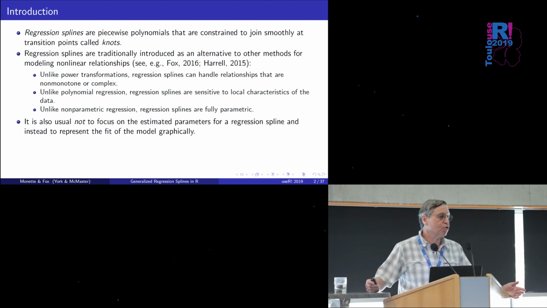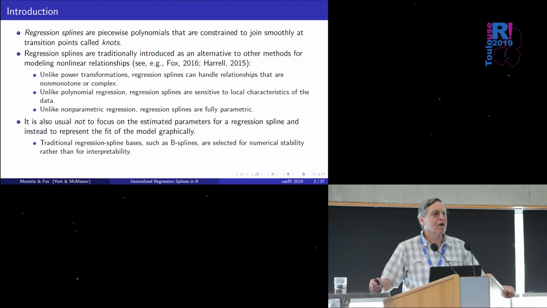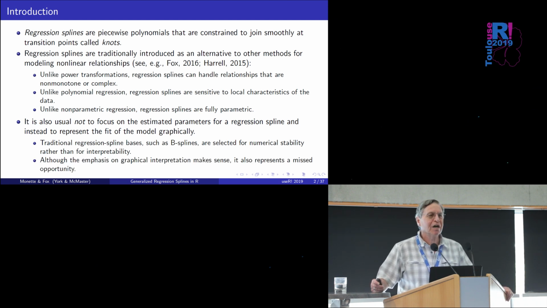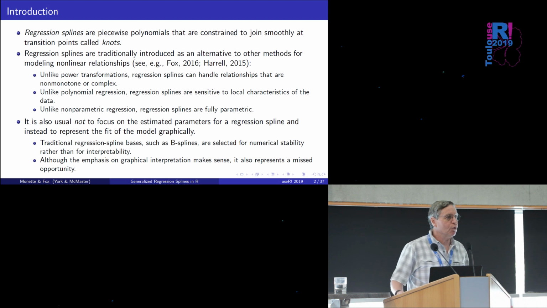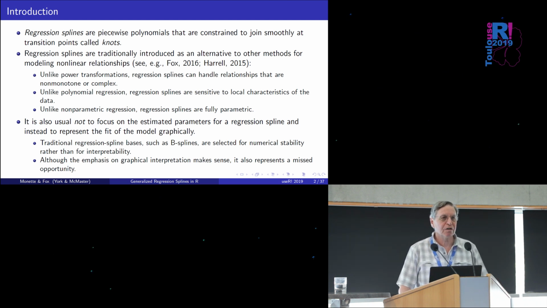For example, about transitions. I won't be able to fully explain how our approach to generalized regression splines enables those characteristics because of lack of time. And in fact, I'm going to be able to essentially expose only about 25 or 30% of what we've done.